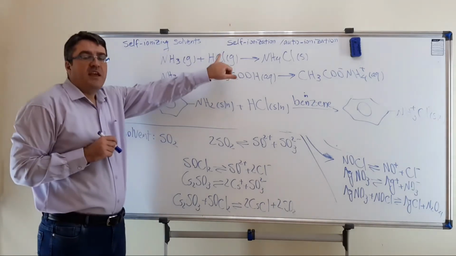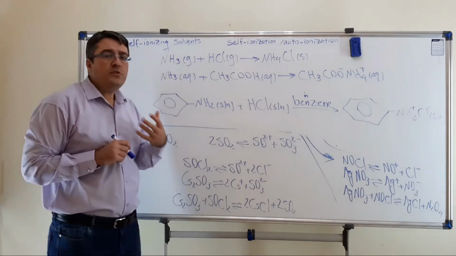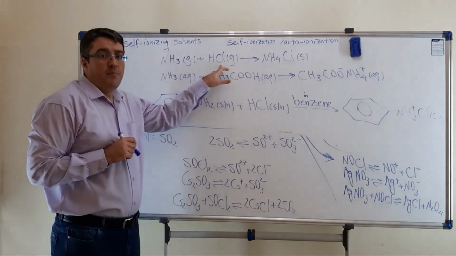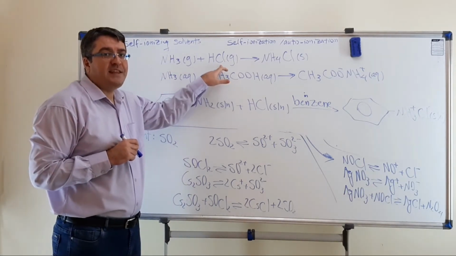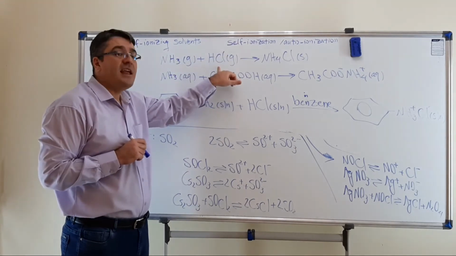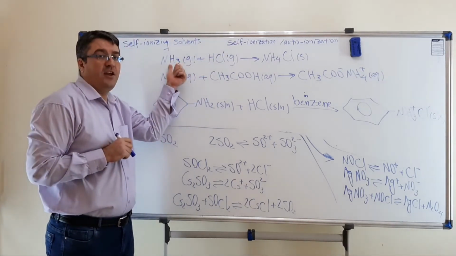In the case of the first reaction, we don't need to assume that HCl molecules release their H plus ions to the medium, to the gas phase, and then those H plus ions react with NH3.